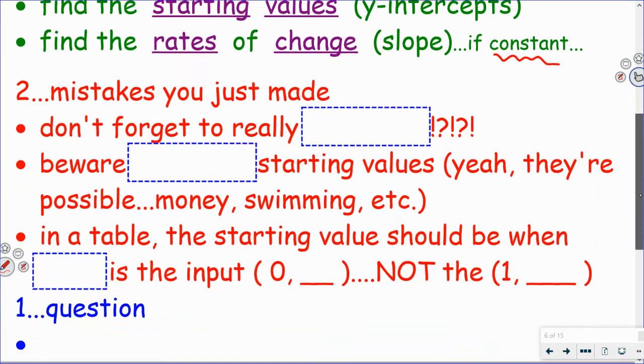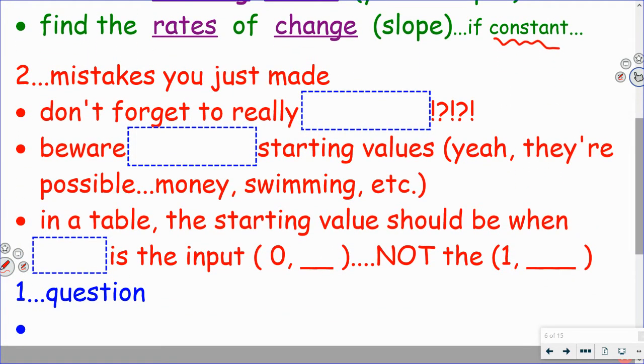All right, common mistakes students have made in the past. Number 1, don't forget to really compare. Over and over I hear, well, Mr. Callan got 5 questions a day and Miss Morris got 7 questions a day, and then they stop instead of actually comparing.